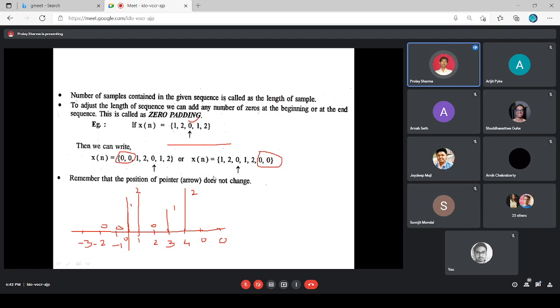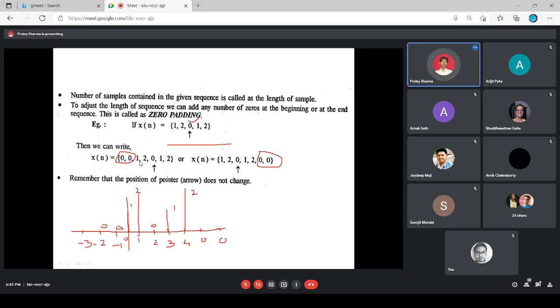And zero padding is widely used in DSP to change the length of the signal. Suppose we have the signal 1, 2, 0, 1, 2. We can pad 0s to increase the length of the signal. Zero padding can be done on the left hand side, and we can do it on the right hand side also.